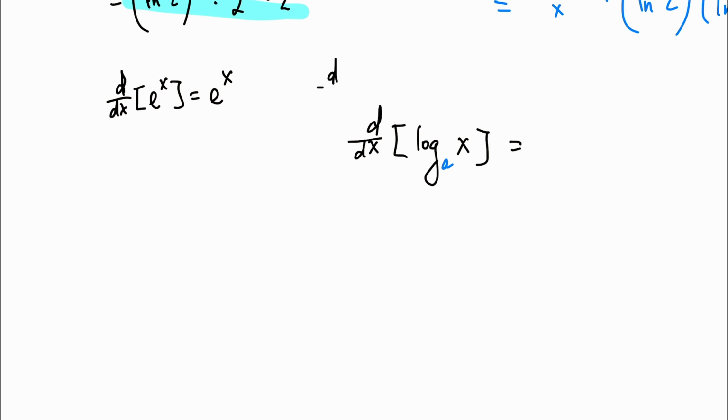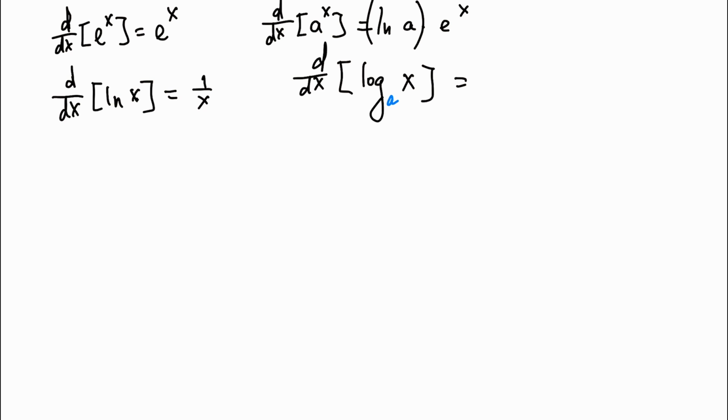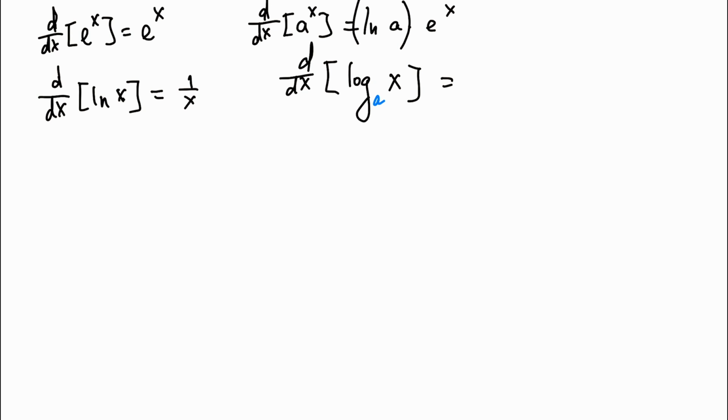And the derivative with respect to x of a to the x is equal to ln of a times a to the x. And the derivative with respect to x of ln of x is equal to 1 over x. Using that, we can kind of guess what our answer is. This would be 1 over ln of a times x.